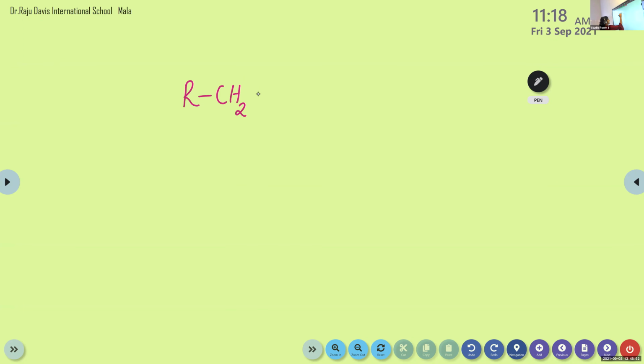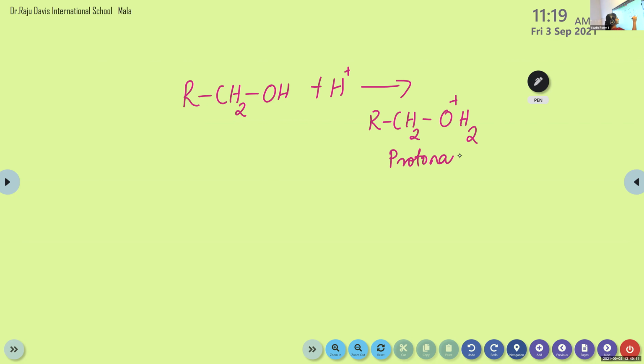RCH2OH. This is an example for one alcohol. Then one proton is added here, and it will become RCH2OH2 plus, right? This one is known as protonated alcohol.